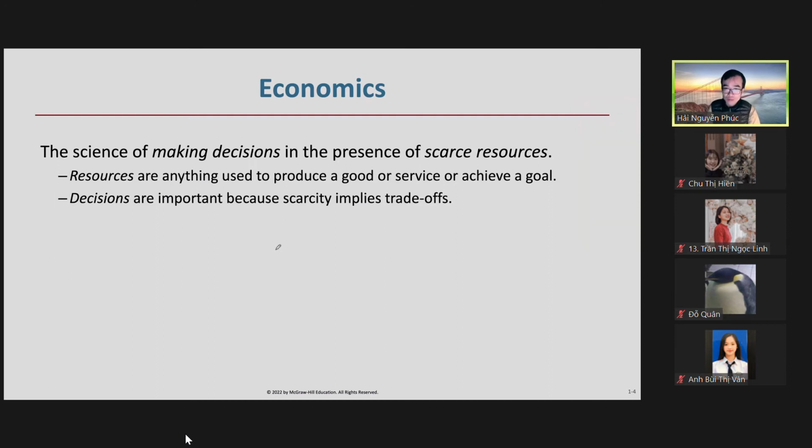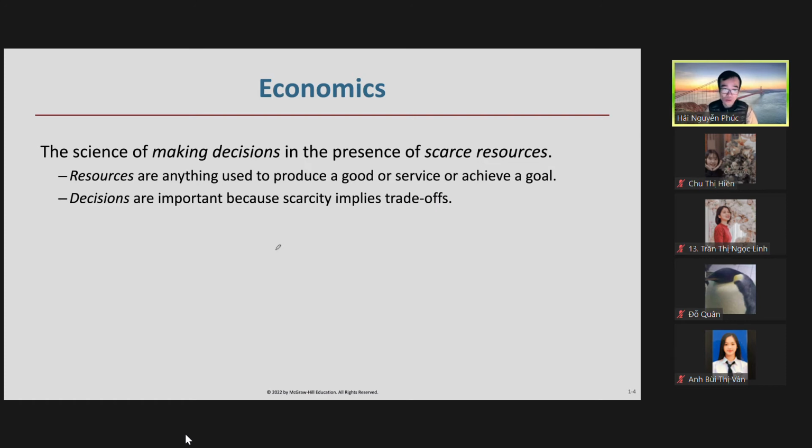Talking about the next point, let me remind you about the definition of economics. Economics is the science about choices in the presence of scarce resources.